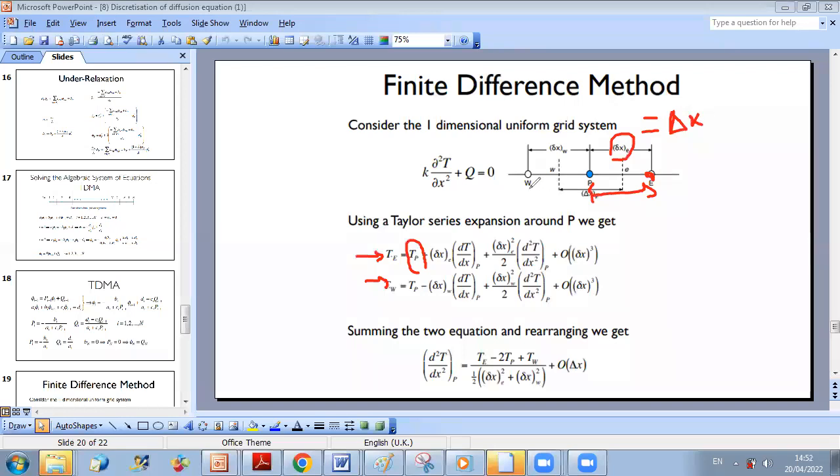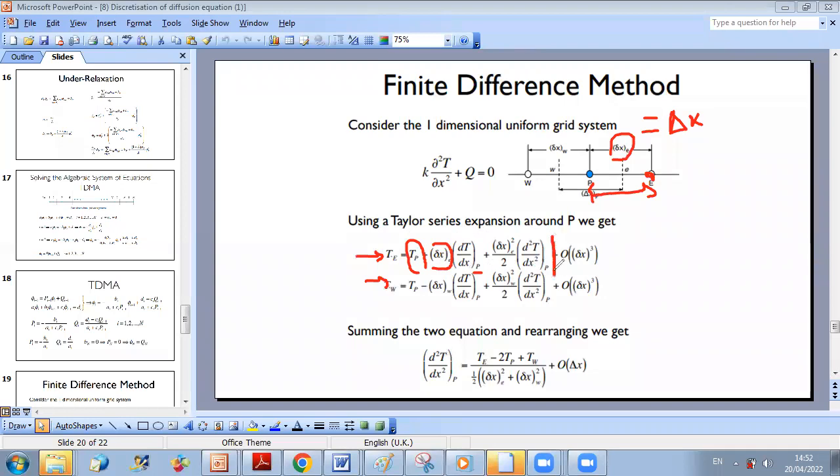Okay? Now, from Taylor expansion, we know that we can write Te equals to Tp plus delta x east times the first derivative of T with respect to x at P plus delta x square over 2 times the second derivative of T with respect to x at P, and we'll stop here.